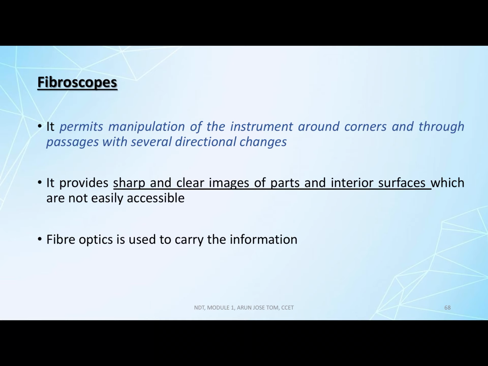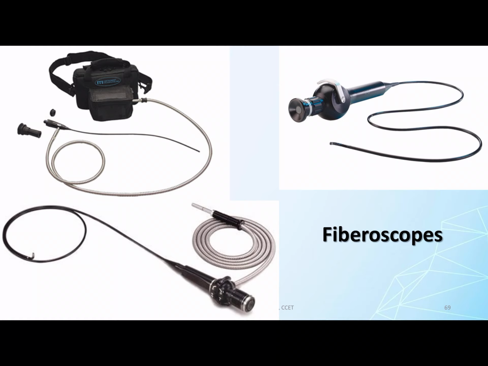Okay, second point, it provides sharp and clear images of parts and interior surfaces which are not easily accessible. Also, fiber optics is used to carry the information. So these are the images of fibroscopes.